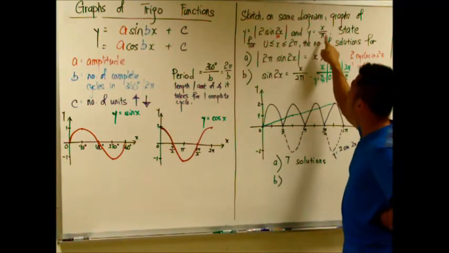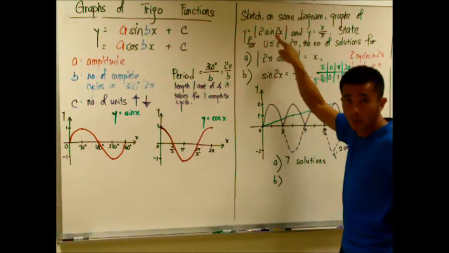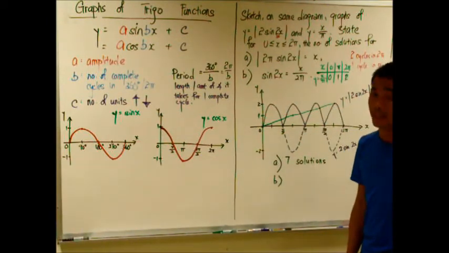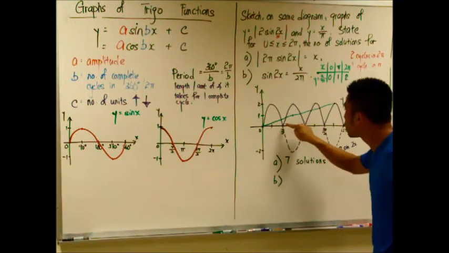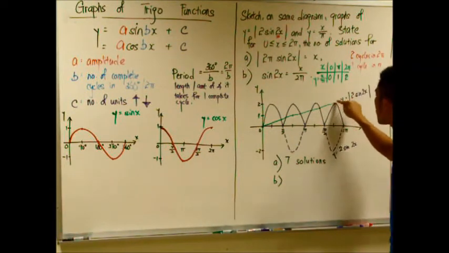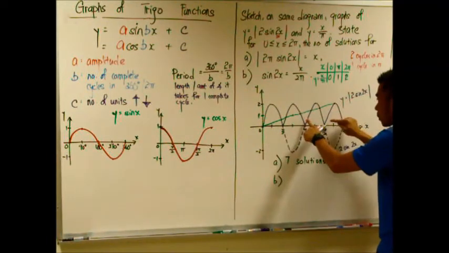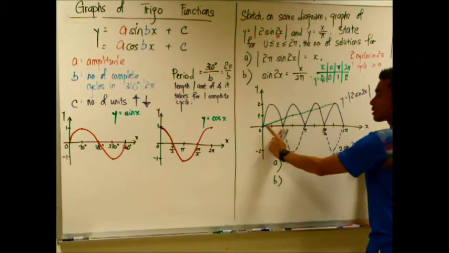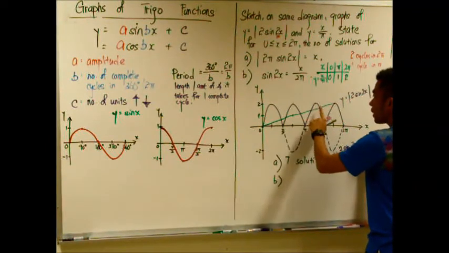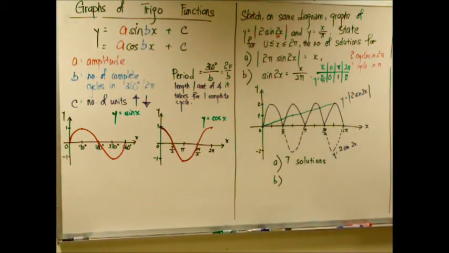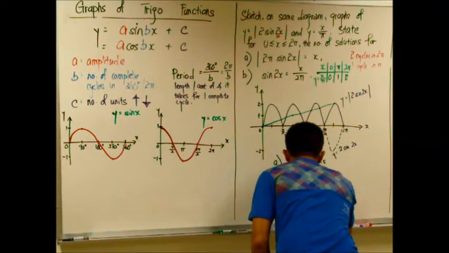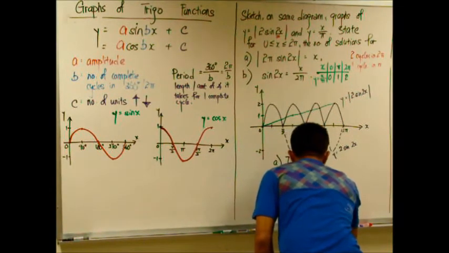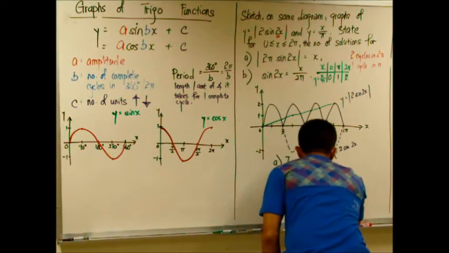So you are still solving simultaneous equations by the number of intersection points, but without the modulus here. So we do not include the intersections made with these 2 mountains. If we exclude these 2 parts, you notice there's only 1, 2, 3, 4. 4 solutions. So please write down 4 solutions. And there you have it.